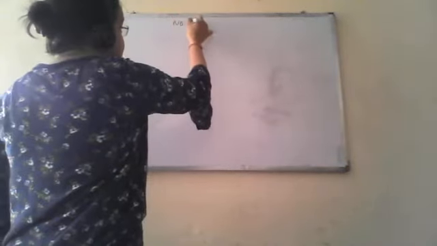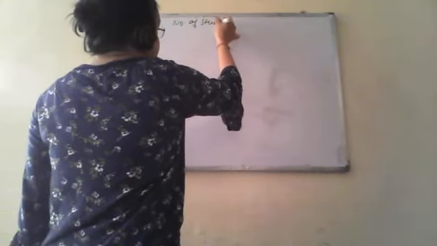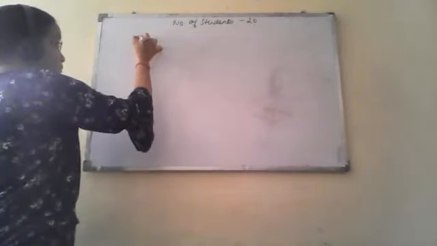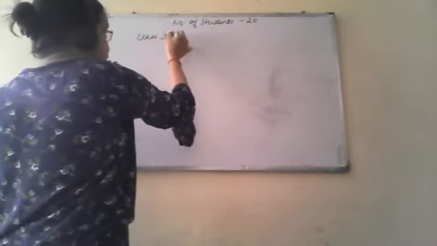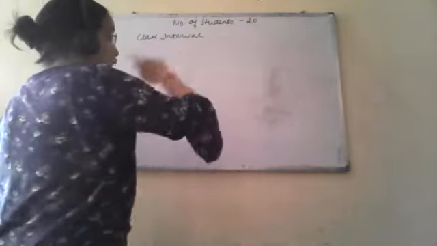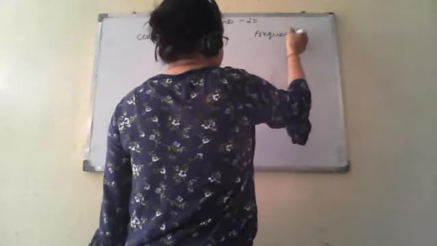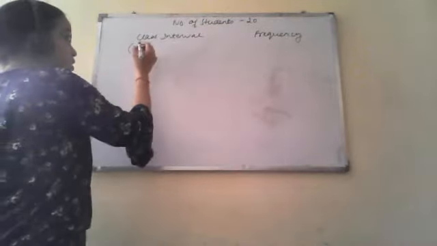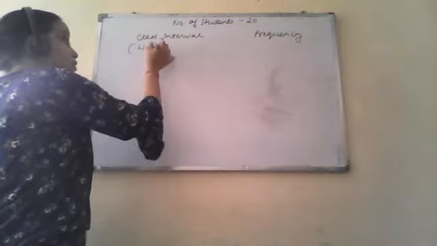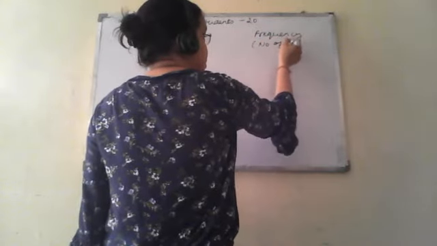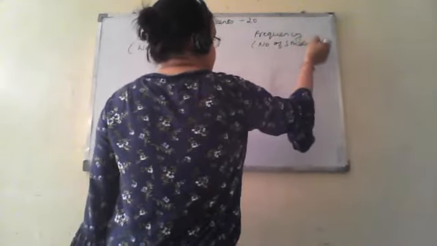The number of students is 20. We have the class interval and the frequency. The class interval will represent weight in kg and the frequency will represent the number of students. Clear?